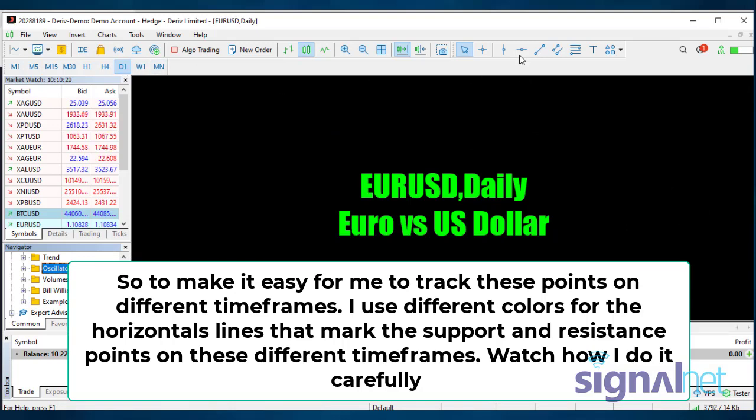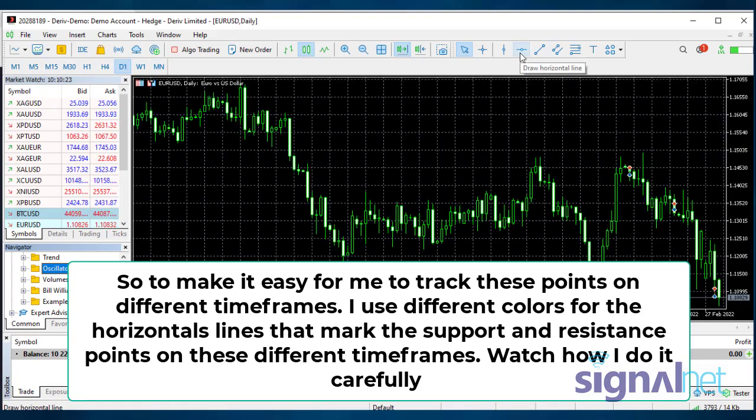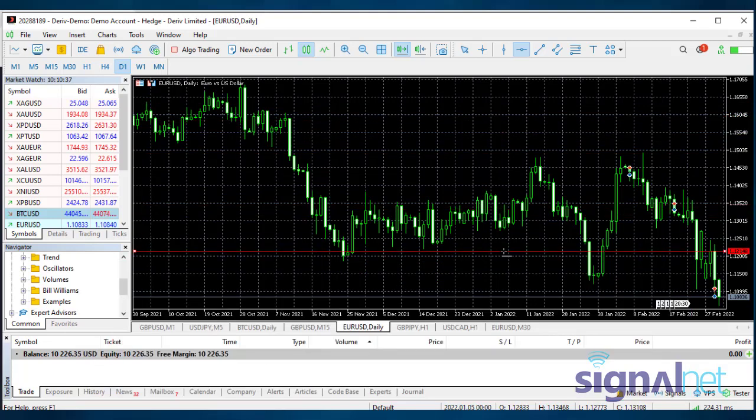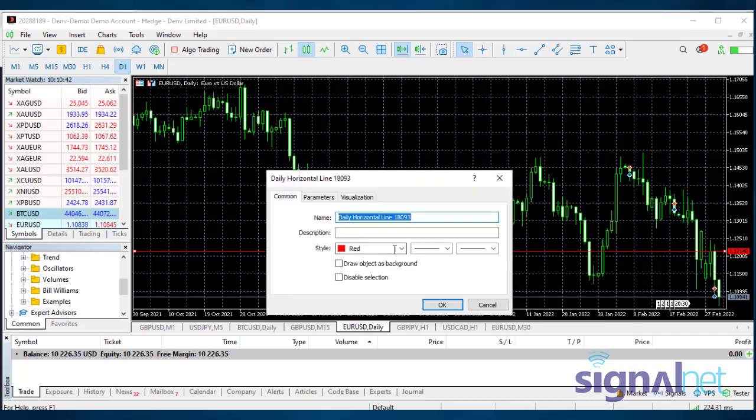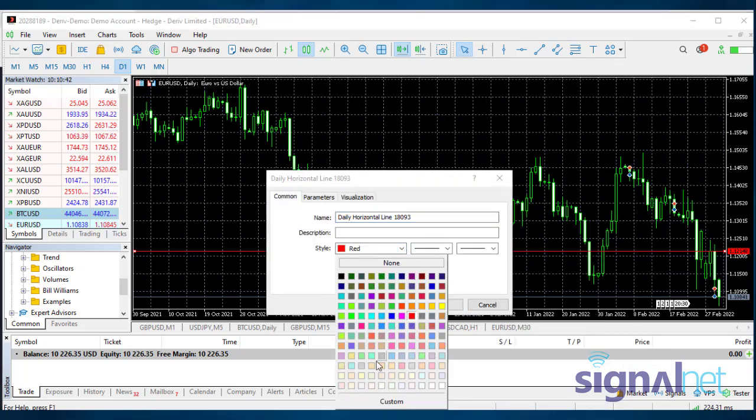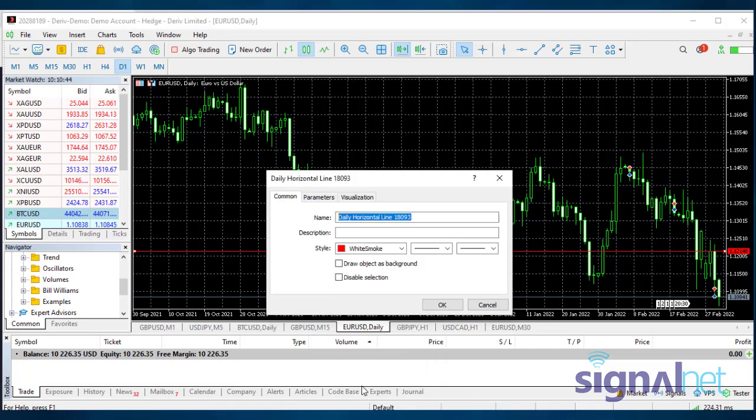What I try to do is that I use different colors for my lines, and I put them for visualization purpose, so I can easily know different levels. So first of all, I'll put daily notable points. For daily, normally I just use white, so that I can easily recognize when daily levels are broken.